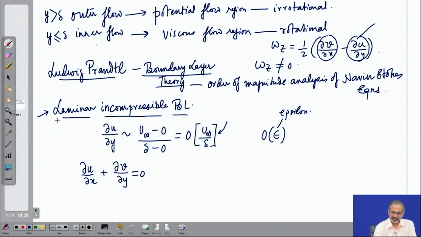And remember that his theory caters to the laminar incompressible boundary layer here. Later on, it has been extended to compressible situations and also by accounting turbulent effects.